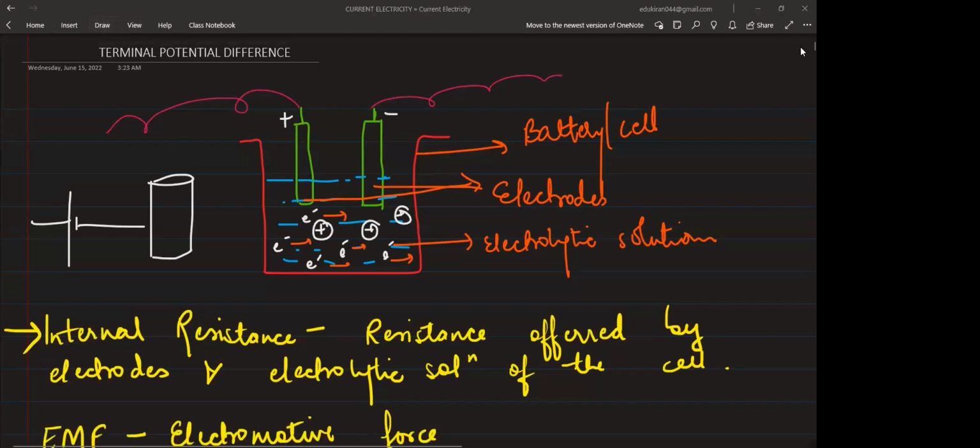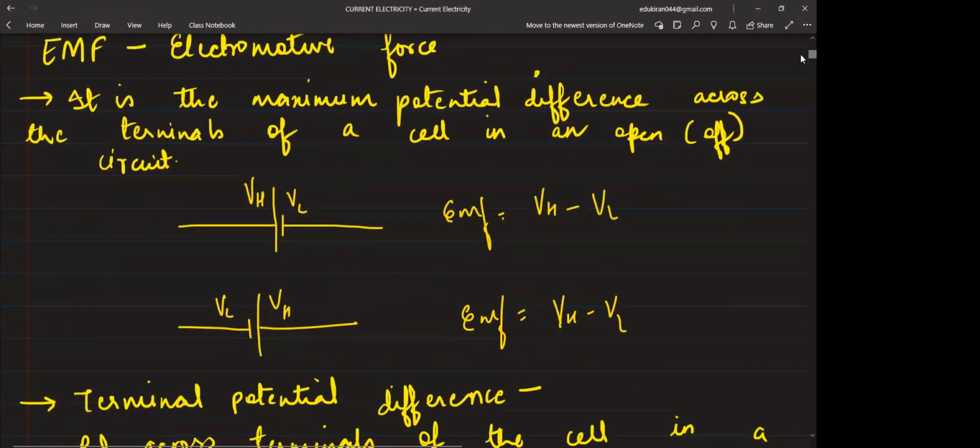Okay, Memuna. Let's come to EMF. Now see, you will see two terms: electromotive force, EMF, and second term, terminal potential difference. What do these terms actually represent?